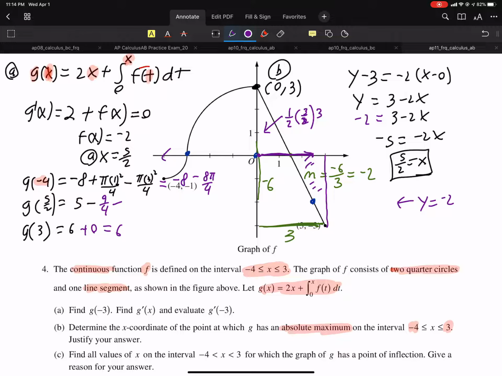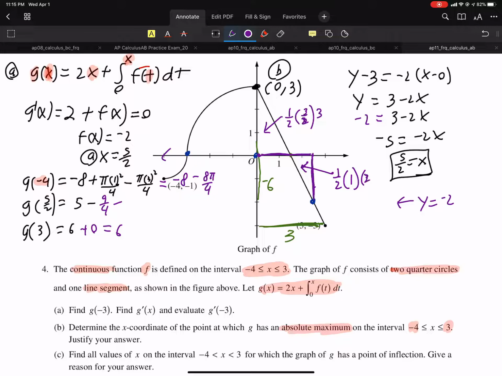minus, and we want to do, okay, let's take a look here now. That one right there. So this area. It's 1/2 the base. The base is 1, and the height is 2, or negative 2.